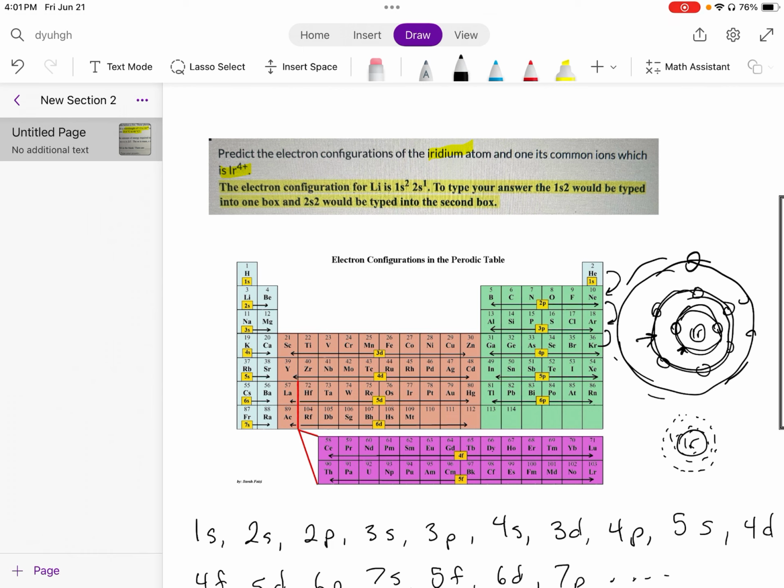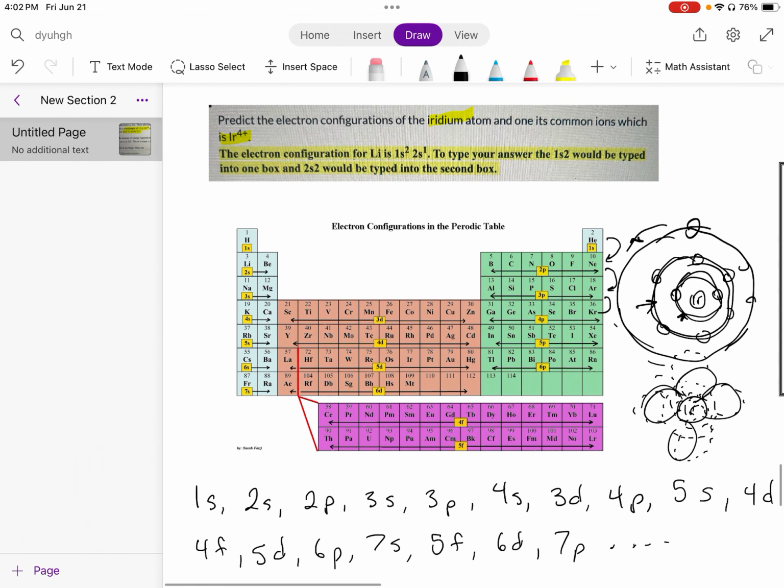Those electrons like to exist in a figure 8 shape around iridium, right? And then this next shell has a different orbital probability, and depending on the different energy levels, the electrons like to exist in different areas of the atom or ion, right?